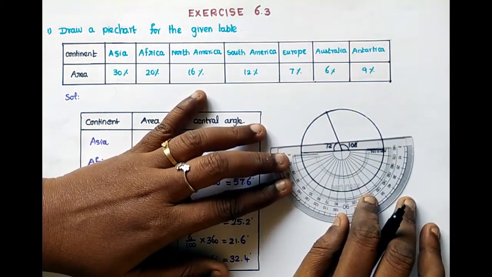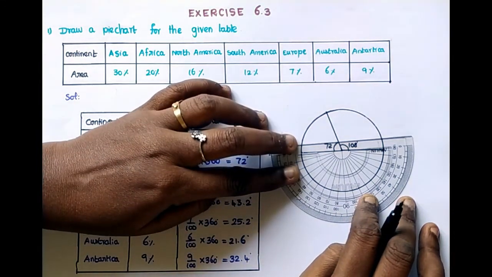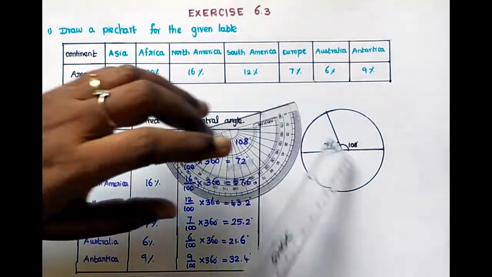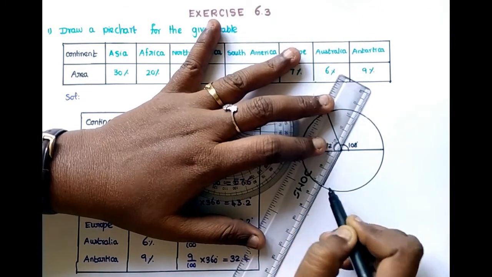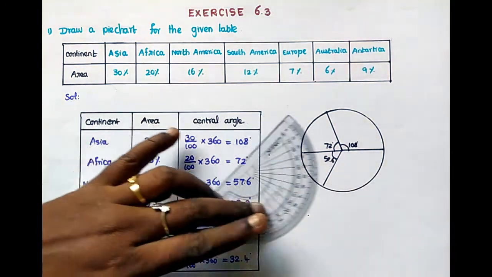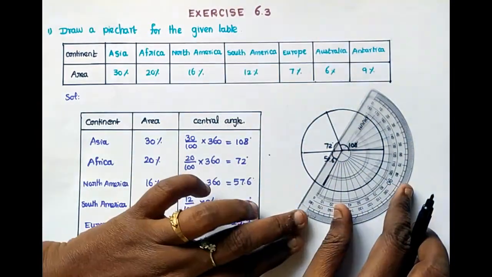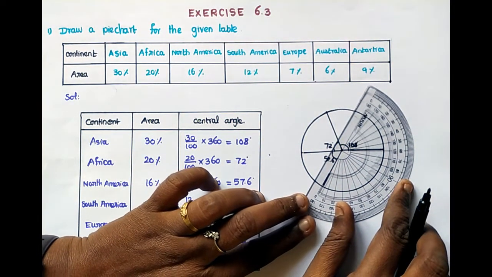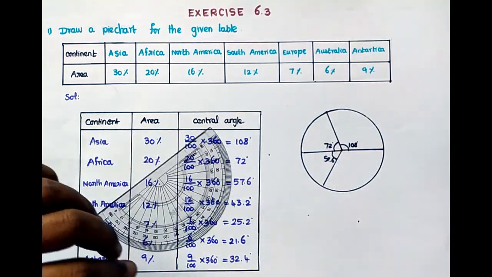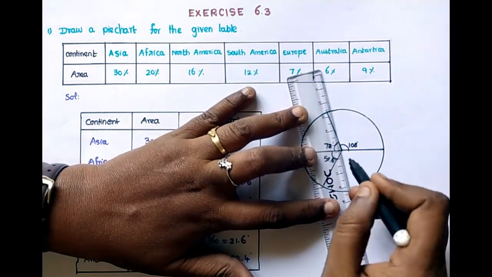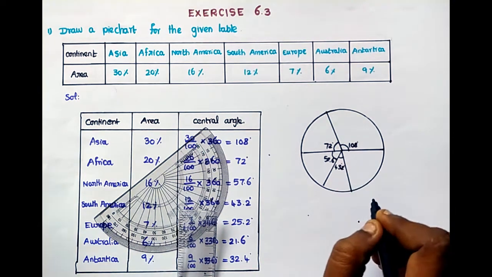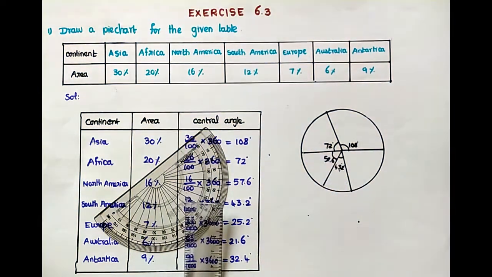Next, 57.6 degree. 57.6 degree means near 58. Next 43.2. Here only. Next 25.2.